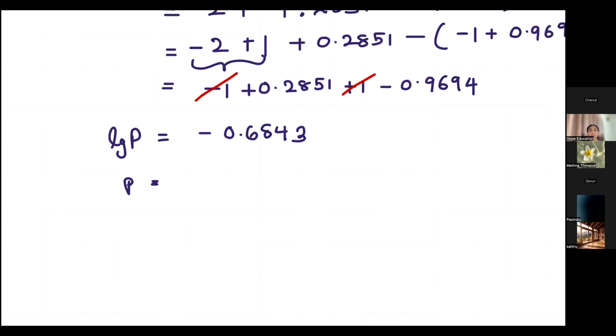So we were talking about this. So this is LGP, which is minus 0.6843. So for P, I will have to find the anti-log of minus 0.6843. Have you learned anything like this?